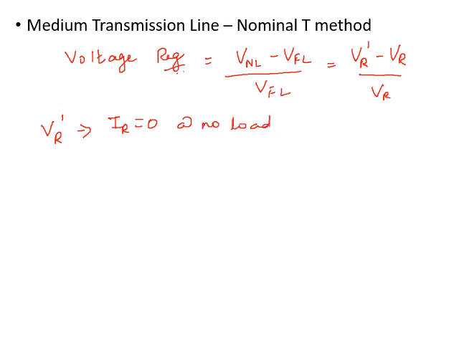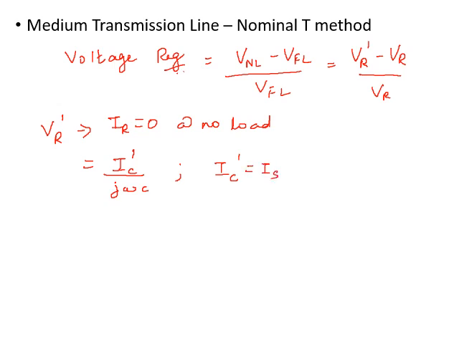In that case, our VR dash will be equal to IC by j omega C. Since it is no load, we are representing IC as IC dash. So we get IC dash equal to Is.